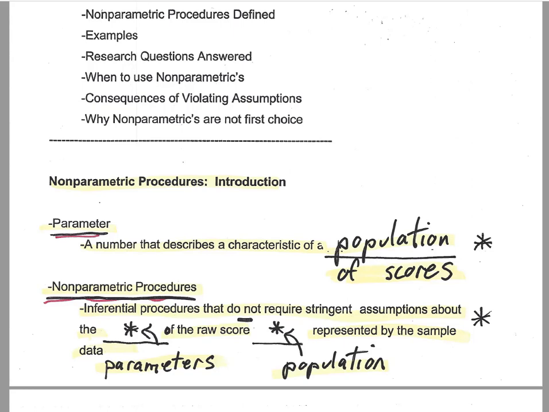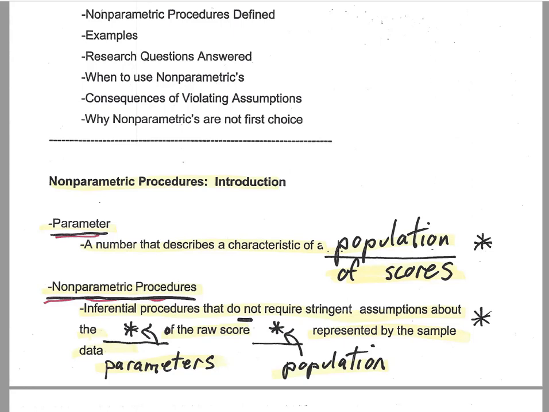They are inferential statistical procedures that do not require stringent assumptions about the parameters of the raw score population represented by the sample of data. With most of the statistical procedures you've learned so far, analysis of variance is probably the best example of it, I've talked about the assumptions that should be met before you use this statistical procedure.